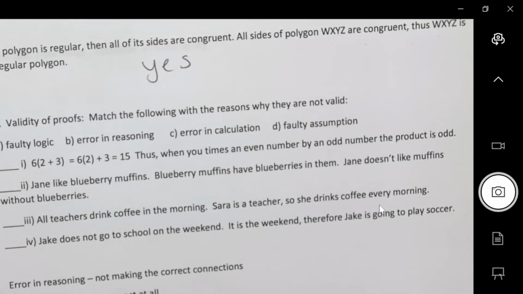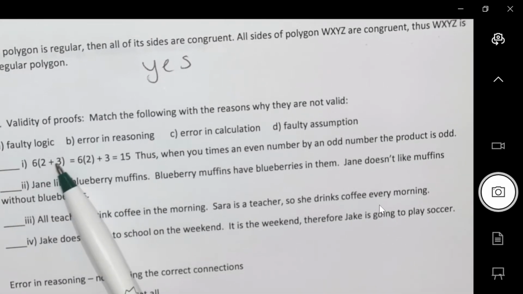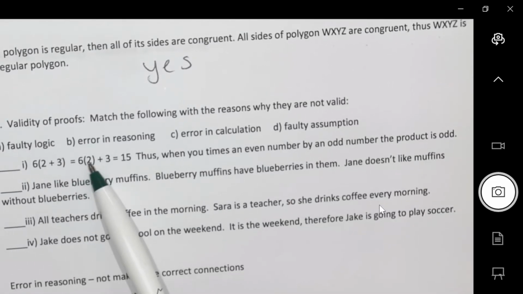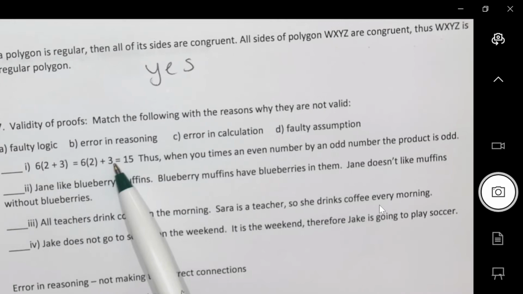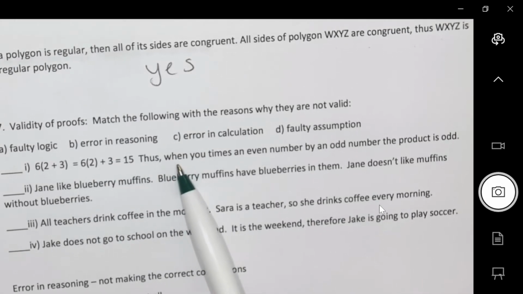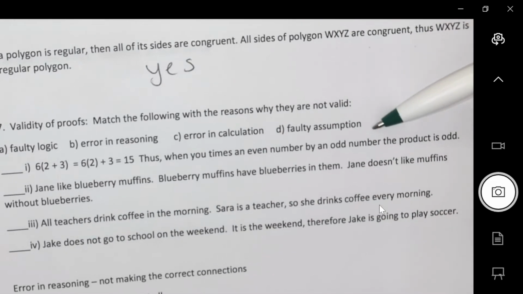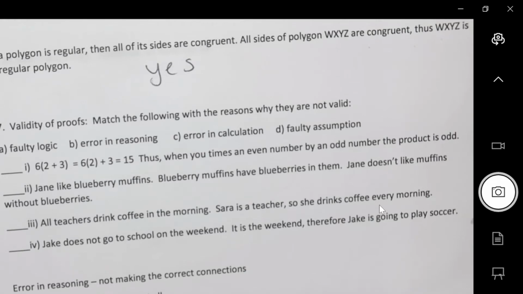Okay, let's match each of these. So here's a person who did 6 times 2 plus 3 is the same as 6 times 2 plus 3, which is 15. So then I'm saying when you times an even number by an odd number, the product is odd. Is this true or not true?